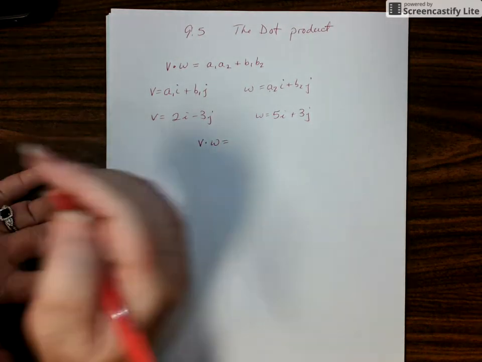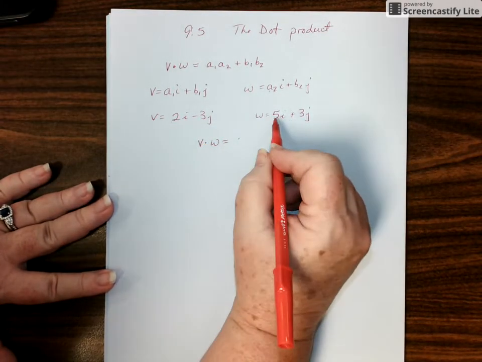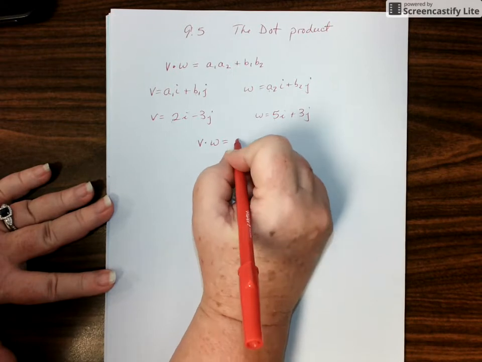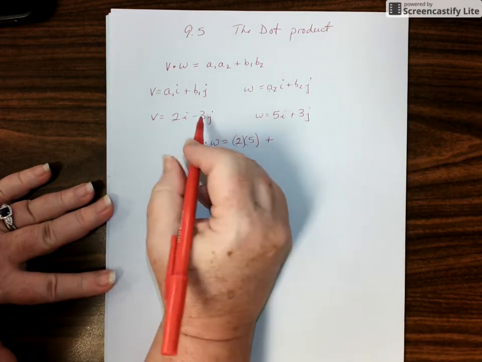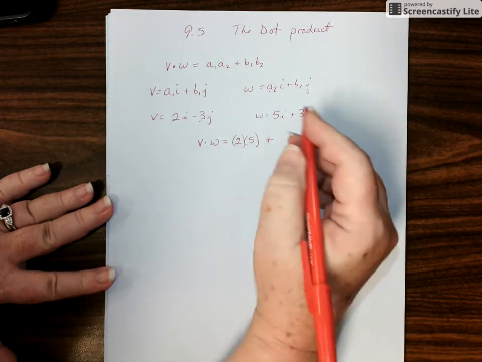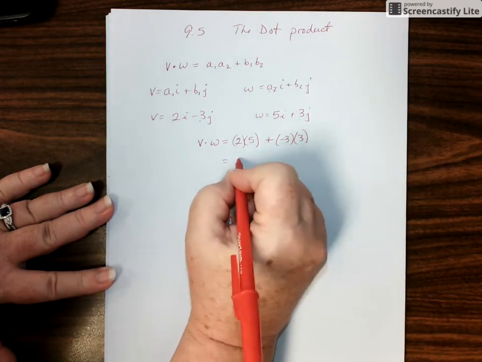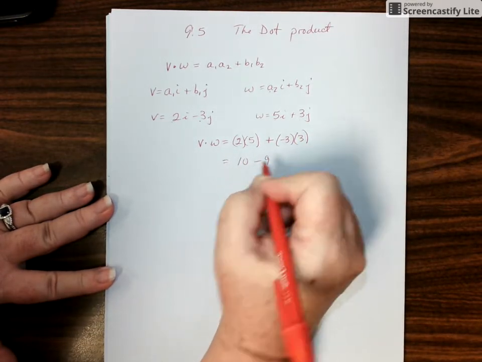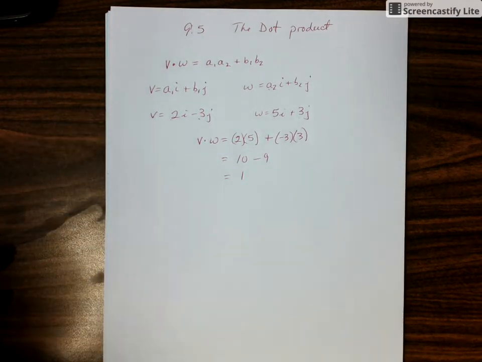Then I am going to multiply the a value from vector v times the a value from vector w, which would be 2 times 5. And I'm going to add that to the b value from v times the b value from w. So that would be negative 3 times 3. When I multiply those two together, then I end up getting a value of 1. So the dot product of v and w is 1.